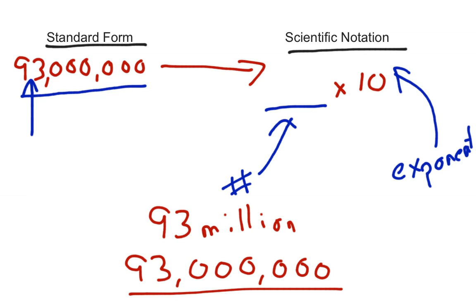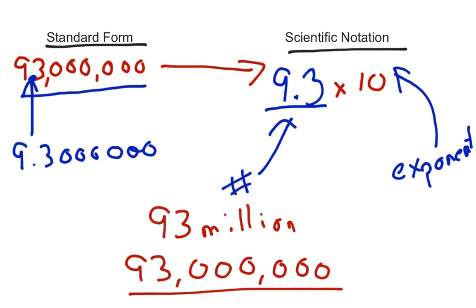When I put the decimal point there, that becomes 9.3. I'm going to write that in here, 9.3, because if I rewrite this, I still have the zeros. Well, if this is now a decimal, I can get rid of all those zeros, and that's why it becomes the 9.3 over here in scientific notation.